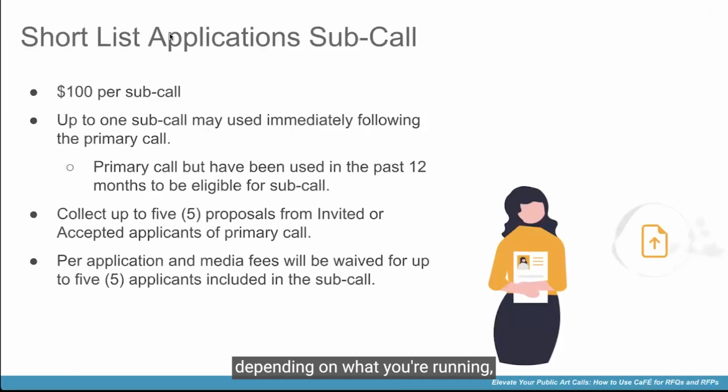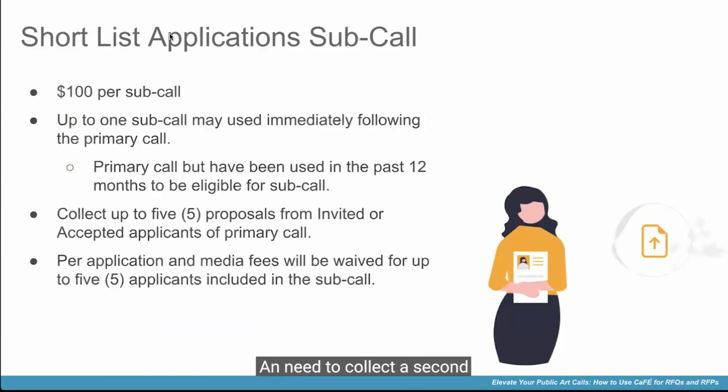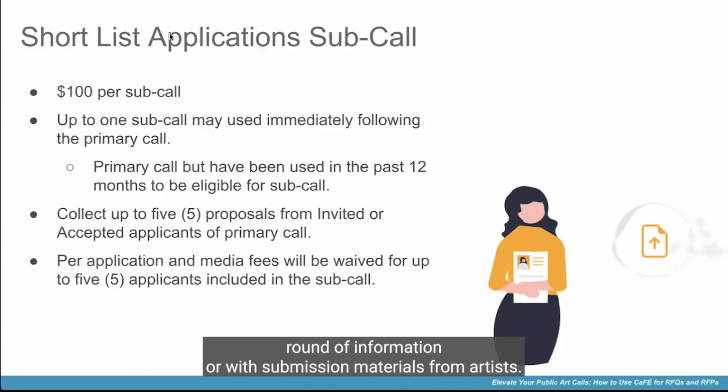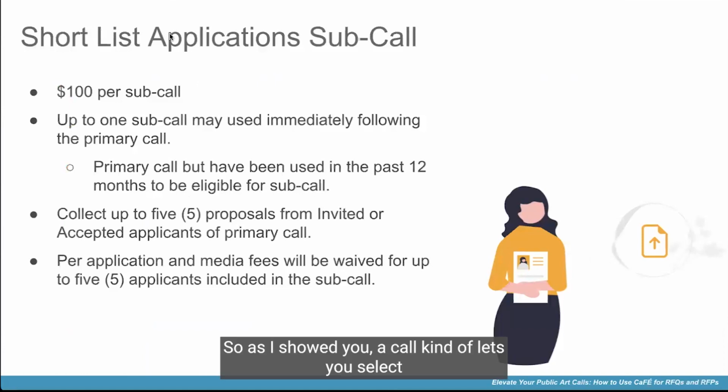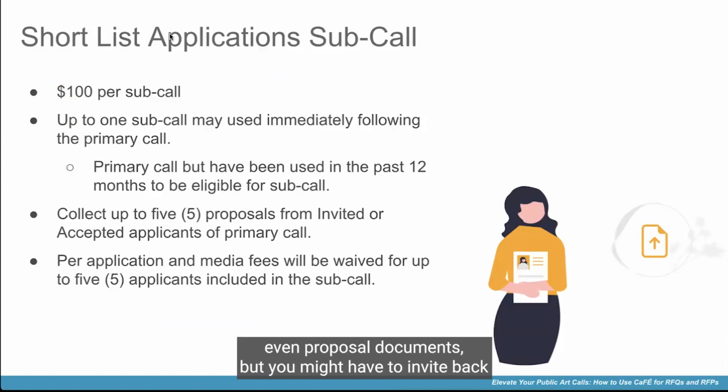Depending on what you're running, whether it's a request for qualifications or request for proposals, there might be a need to collect a second round of information or submission materials from artists. So as I showed you, a call lets you select or collect a set of materials, past work, even proposal documents, but you might have to invite back a set of artists to submit further materials or further proposals.